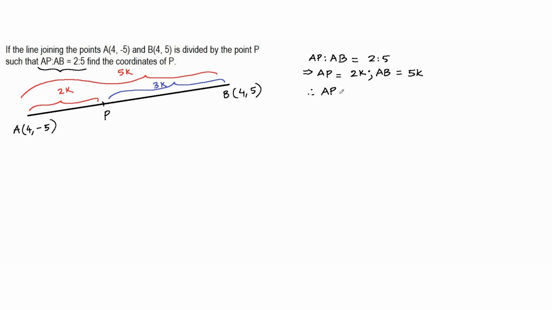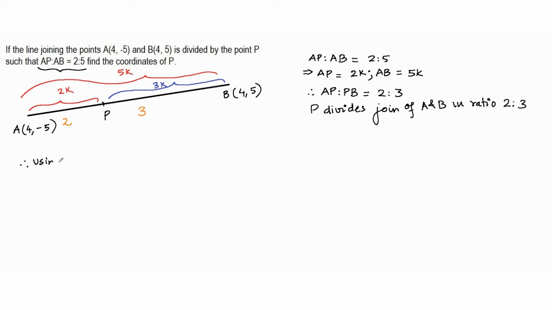So AP is to PB is going to be 2 is to 3, which means that P divides the join of A and B in the ratio 2 is to 3, right? And therefore using the section formula, I can find the coordinates of P.